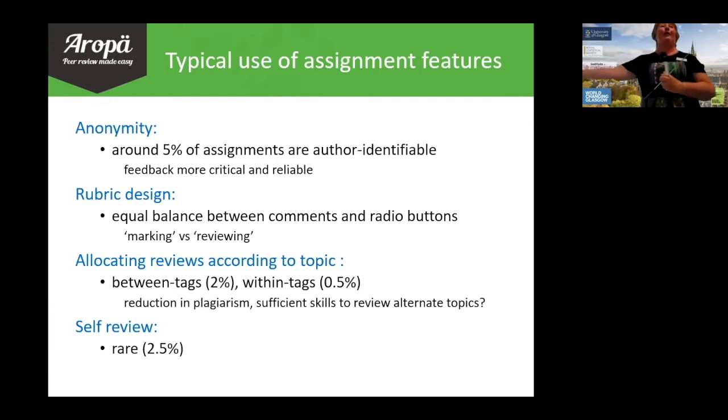Therefore, they're learning from the other peers, but there's none of the other peers' ideas that they could take for their own. People use within tags because they want to make sure that the student has the expertise to comment on somebody else's submission in the same area that they've already worked on. So it's a choice that you can make. Self-review is quite rare, 2.5% of the assignments that I analysed.